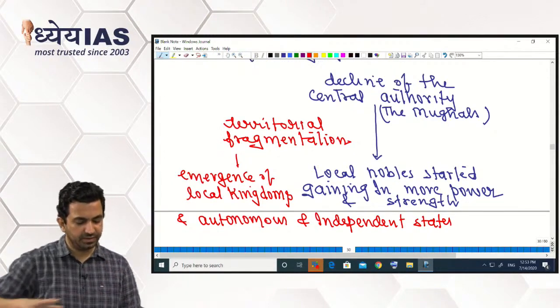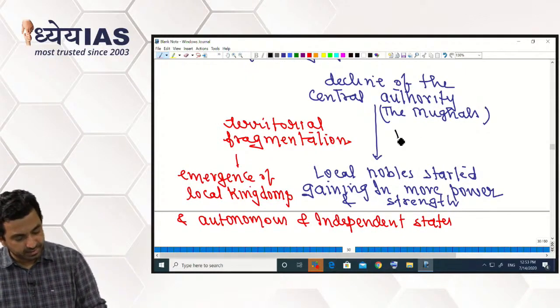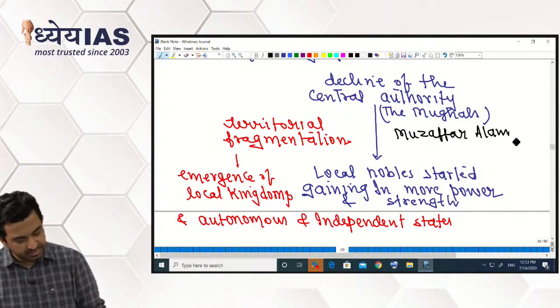And these are the studies of historians like Muzaffar Alam and Andre Wink.